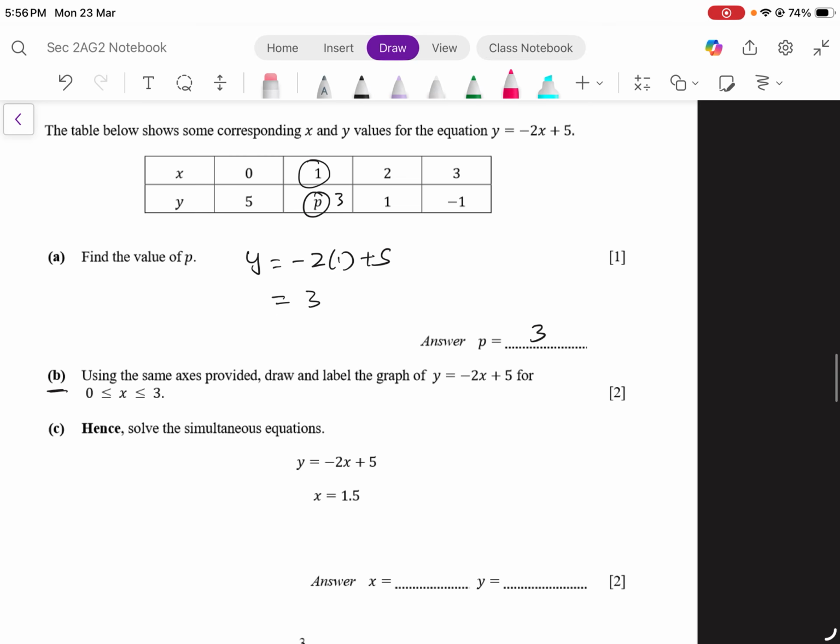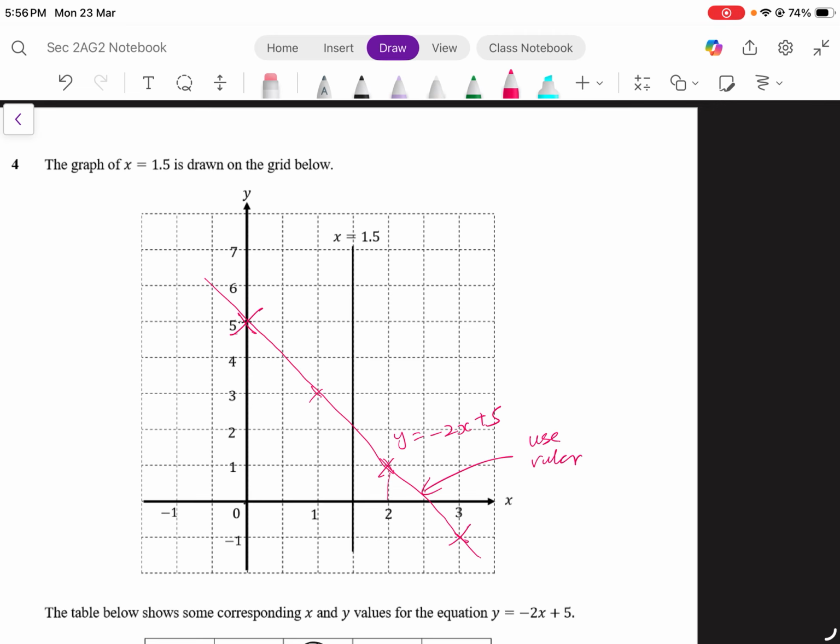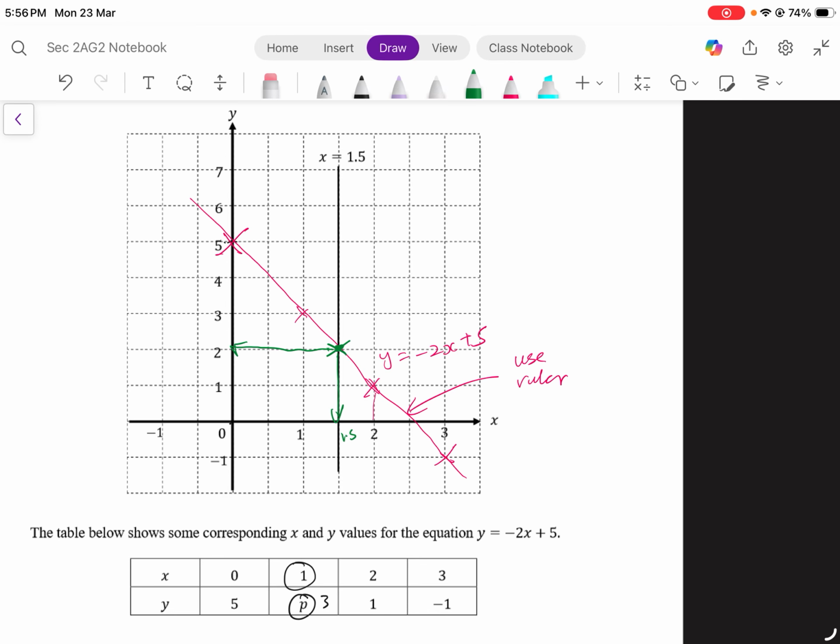Now they ask you to use the two graphs to solve the simultaneous equation. So what you have is two lines. y equals 1.5, which they have drawn for you, and you have just drawn y equals minus 2x plus 5. Look at the point where the two lines cross each other. It is here. So the solution to the simultaneous equation will be x is 1.5 and y is 2.